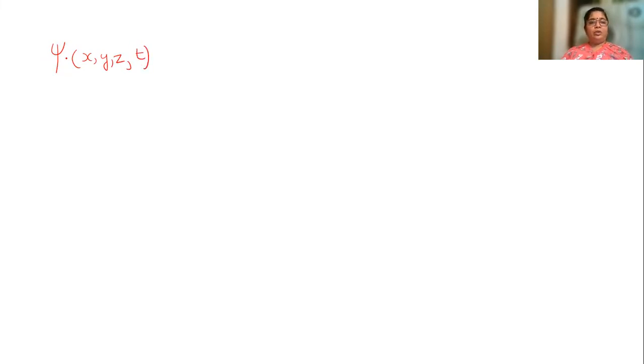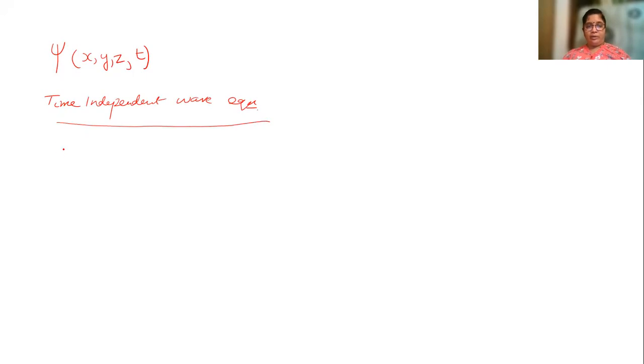Okay, so we use this psi and we'll be having the initial wave equation, from which we will derive Schrodinger's equation. When you are speaking about Schrodinger's equation, there are two forms. We will start with the first one, which is called Schrodinger's time independent wave equation.